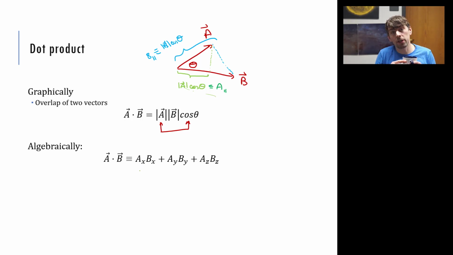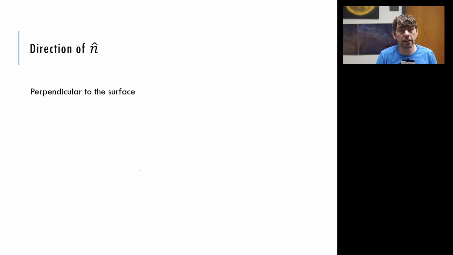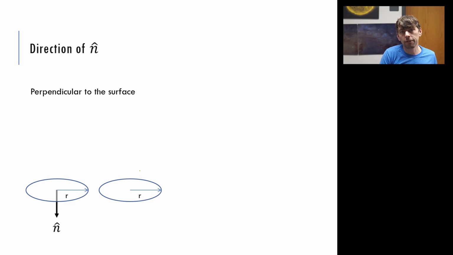A couple notes about n. We've already said that the n hat is the direction perpendicular to the area that you're considering. Now, if you're dealing with, say, a 2-dimensional area, in other words, something like a flat plate, you have fielder's choice.